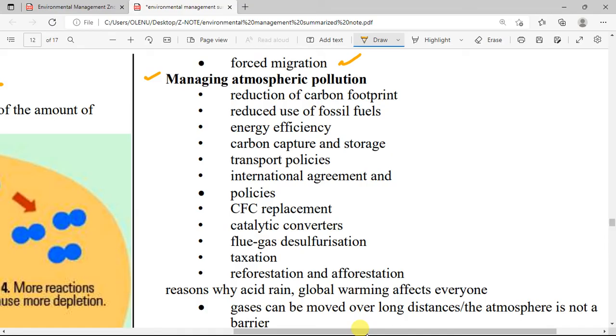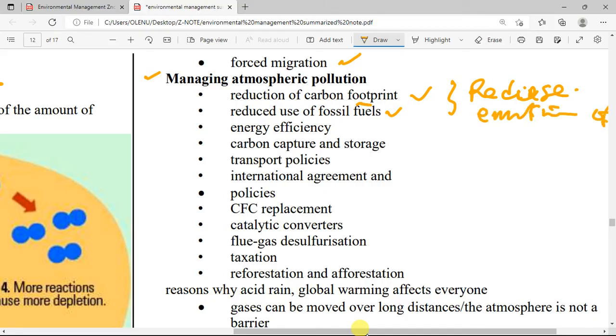Some of the ways to manage atmospheric pollution are to reduce your carbon footprint and reduce the use of fossil fuel. All these will help to reduce emission of greenhouse gases, through reduced use of fossil fuel and reduction of carbon footprint.